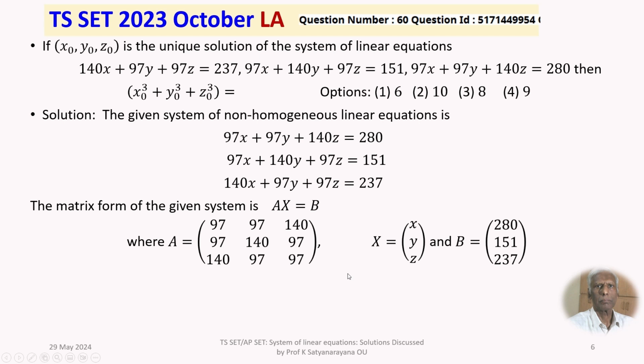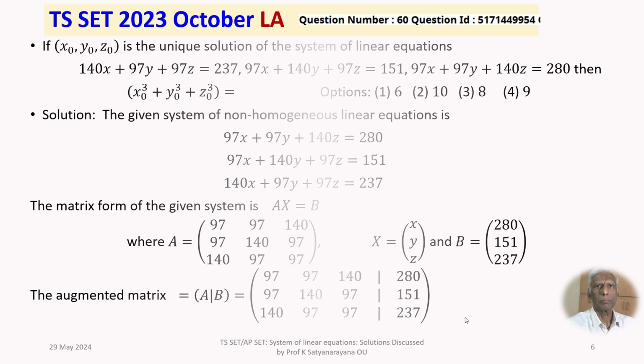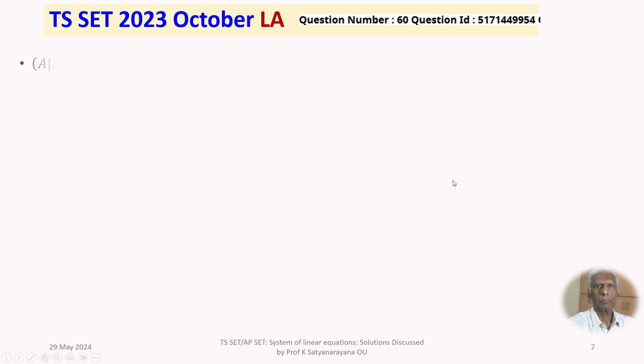Now what is the augmented matrix? Write down A with the extra column B. That is, the augmented matrix is [A|B], with A here and B as the extra column. So now let's get into the discussion.